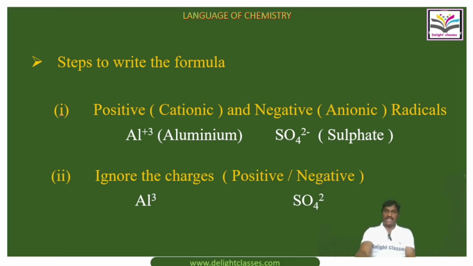In the second step, we ignore the charges. For the given example, aluminium plus 3 is the charge. For sulfate, SO4 minus 2 is the charge. Now we ignore the charge: only aluminium 3, sulfate 2. The powers should be in a simple ratio.